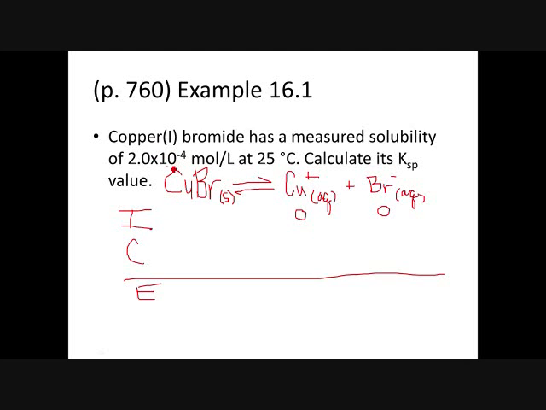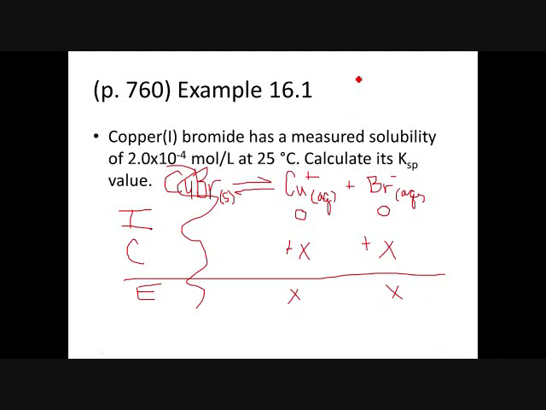Remember, we're not going to include the solid at all because it doesn't change concentration, but this is just showing how our ICE chart is set up. Now we have to add to the zeros in our ICE chart, so we're going to add X. We would multiply by the coefficient, but there's no coefficient, so it's just plain old X. So at equilibrium, each of their concentrations equals X.